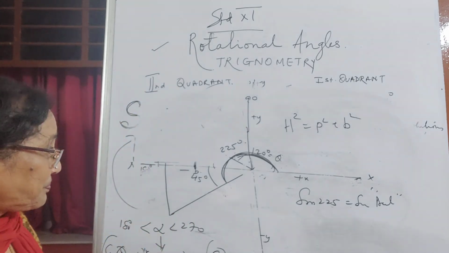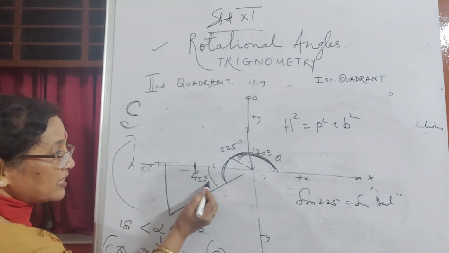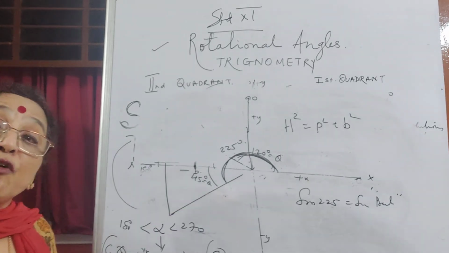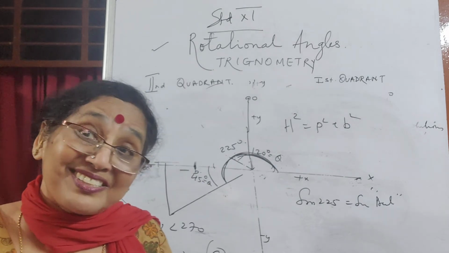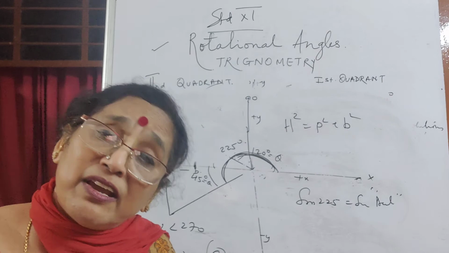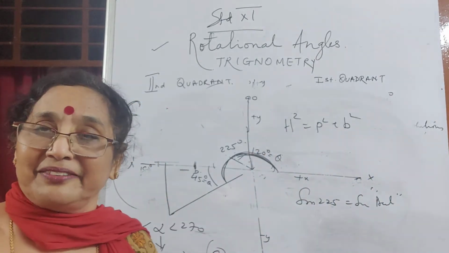How? See, for example you have 225. You broke up 225 as 180 plus 45. That 45 is your theta. So your 225 is equivalent to a 45 degree angular displacement from the horizontal line.